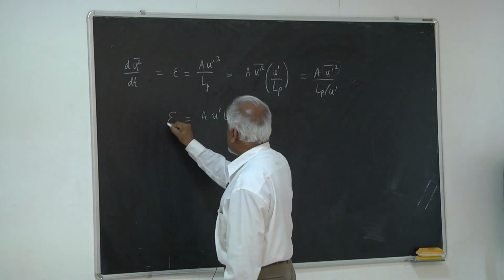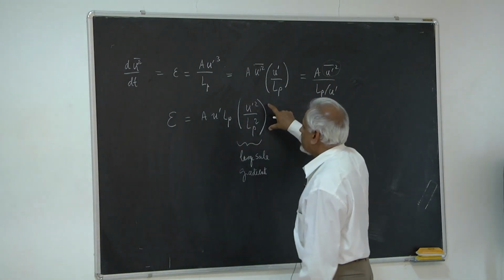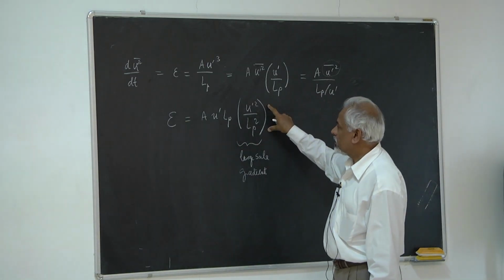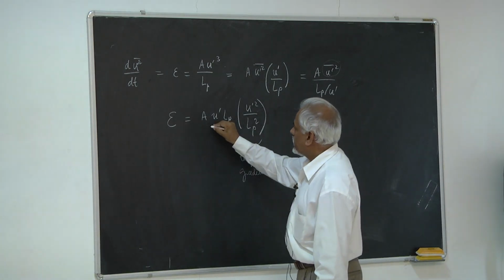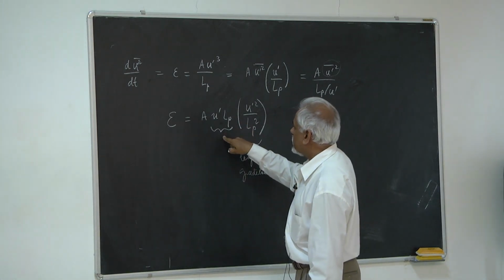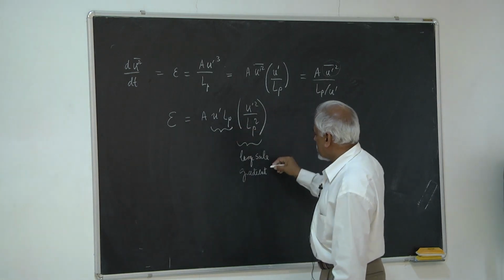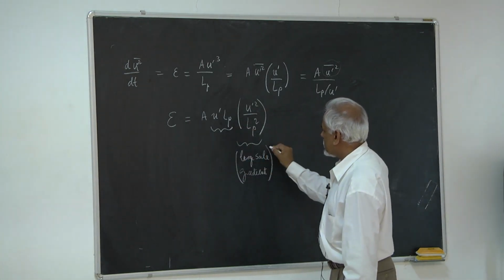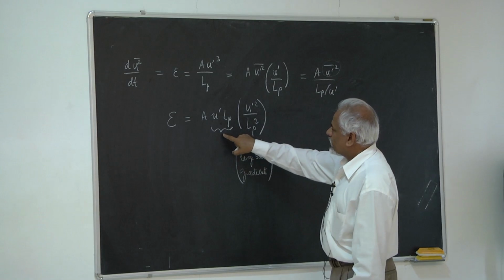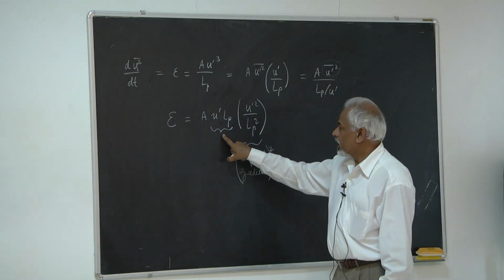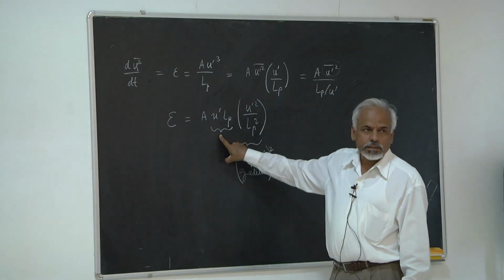And the energy dissipation, if you take the large scale gradient, it would be multiplied by some quantity, large scale gradient squared, right? That's what it is. It would be multiplied by a quantity, and this quantity is like a viscosity.